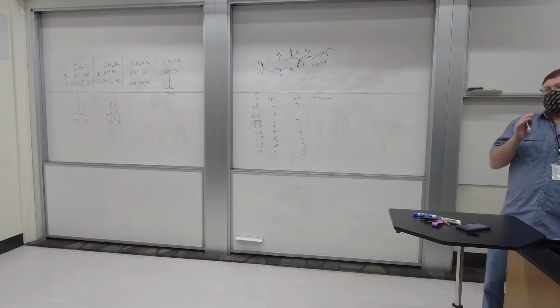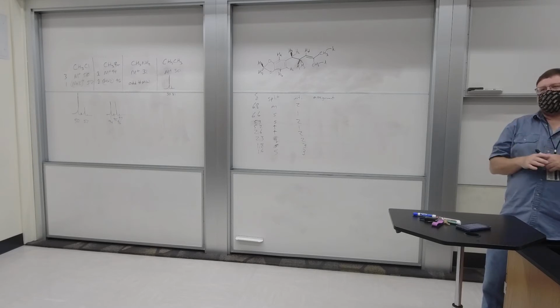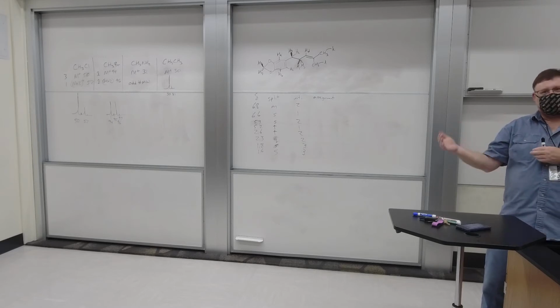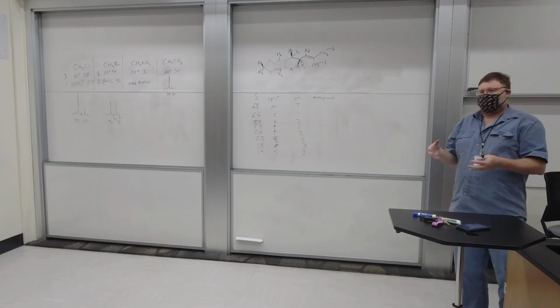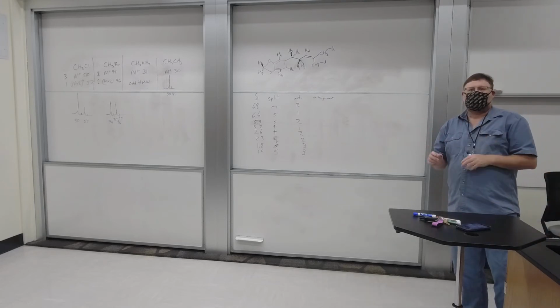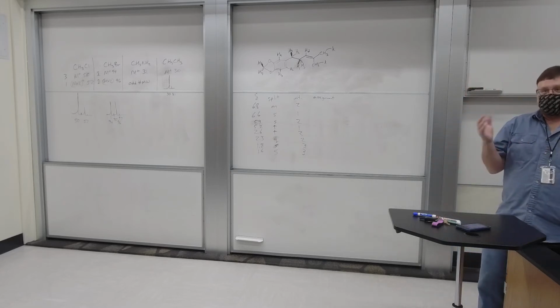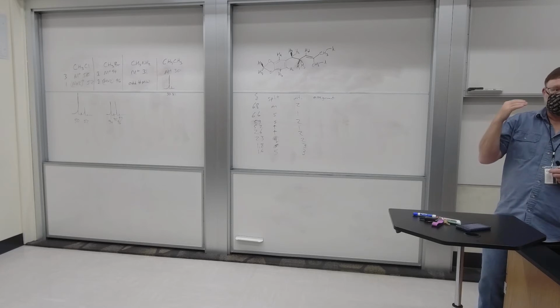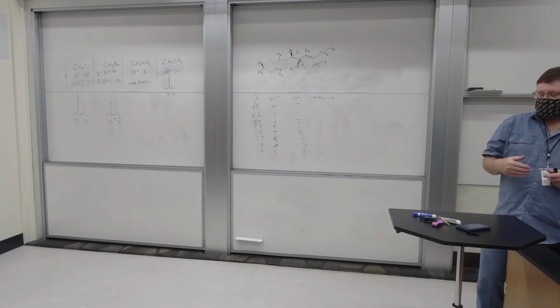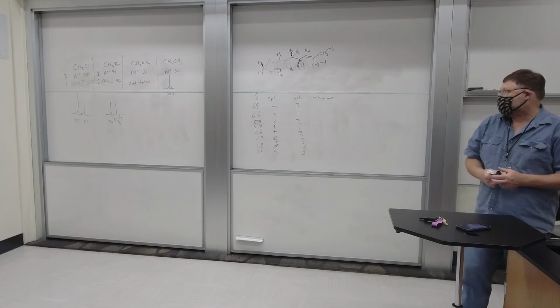If you have 9 pieces of data that fit and one that doesn't, that doesn't mean you blow up your whole hypothesis. You tweak it. If you have 2 right and 8 wrong, you blow up everything. So as you make these assignments, always look at the chemical shift, the integration, and the splitting. Use all 3 of those. If you just try to use 1 or 2, you can screw things up.